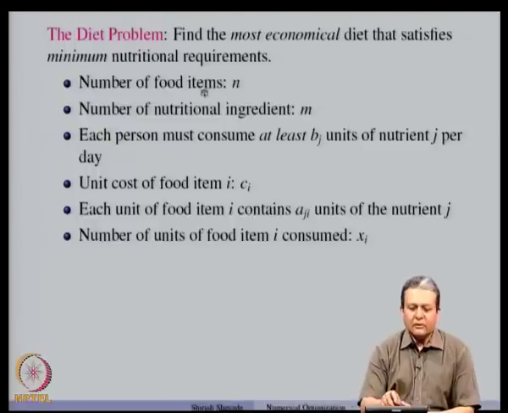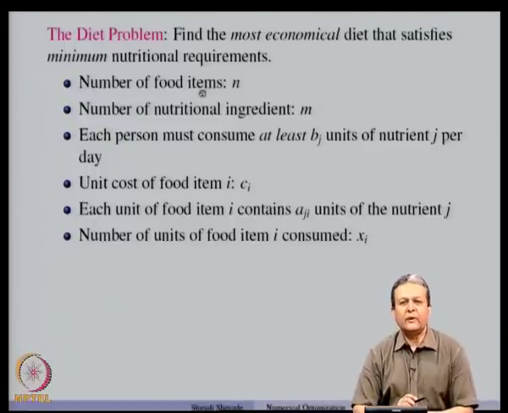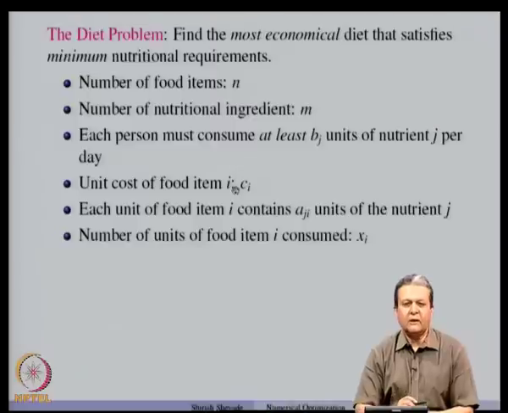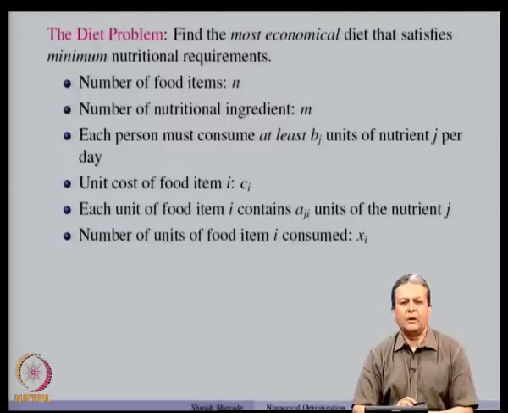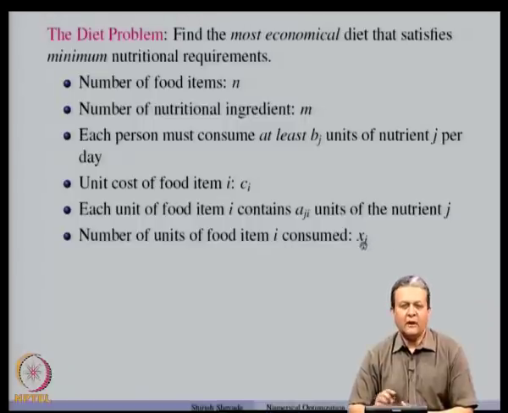Now, there is a cost associated with each of the food items, and let us denote that cost by Ci. So, the unit cost of food item i is Ci. Moreover, every food item contains some units of the nutrients. So, let us assume that each food item i contains Aji units of nutrient j, and that the number of units of food item i that we consume is Xi.